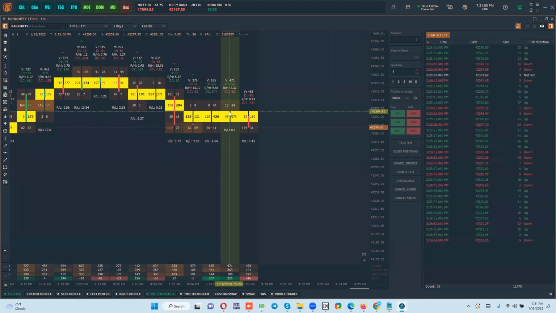Sorry, not 86, 97.35. So this is the low that we saw. 97.70, 97.35. So when the price touches this level, all those calculations that we did for COT low are discarded, because we will start calculating fresh from this point onwards.